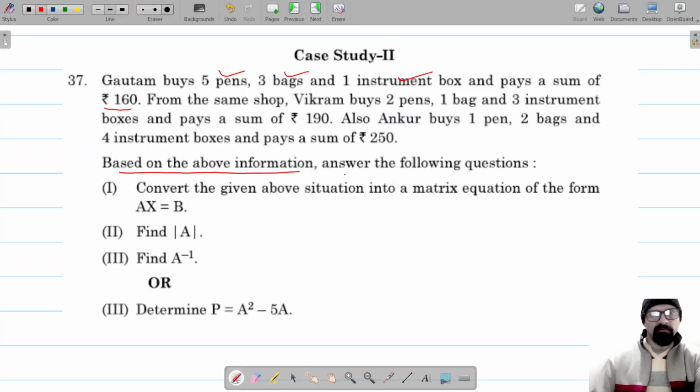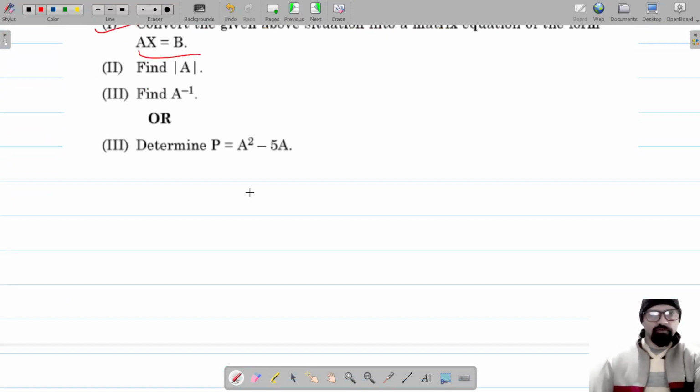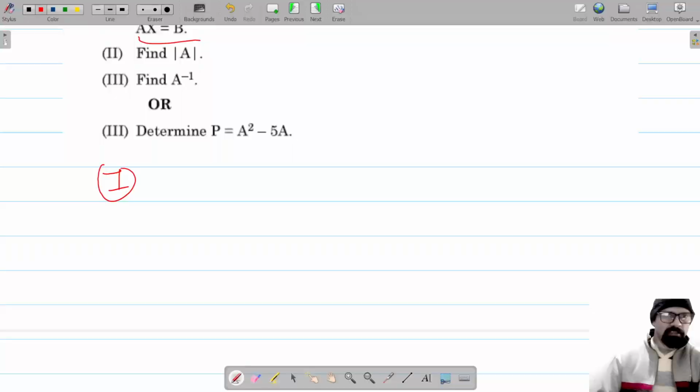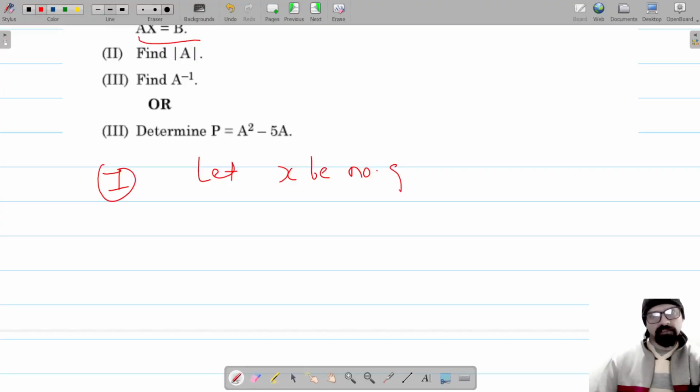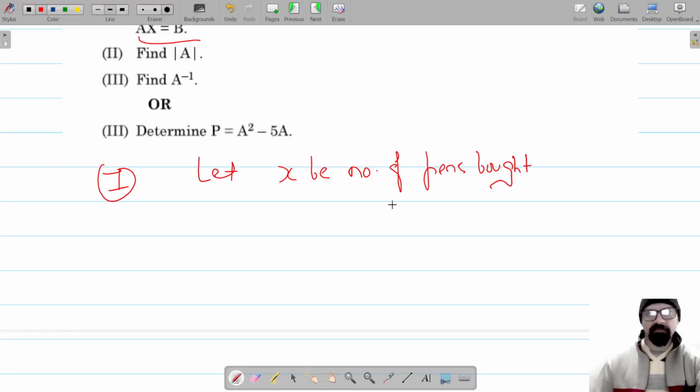So based on the above information, we have to answer the following questions. The first part is to convert the above situation into a matrix equation of the form AX is equal to B। So इस क्वेश्चन में हम मान लेते हैं, let x be the number of pens, total pens कितने लिए गए वो हम मान लेते हैं x। Let x be, let's say, number of pens bought, and y be number of bags.